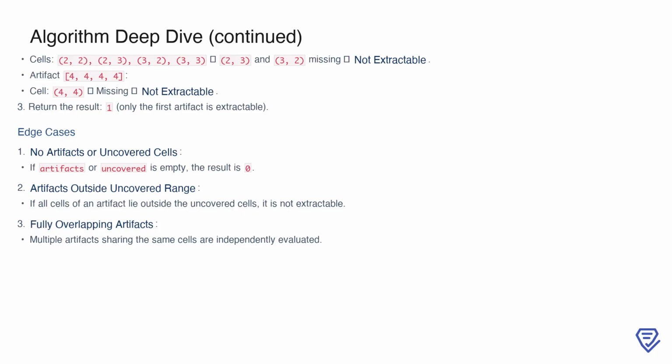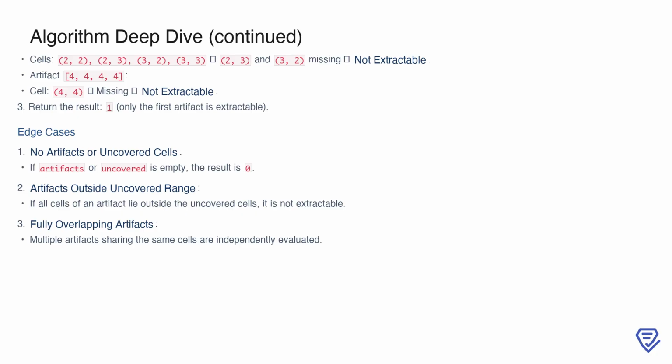However, the cells (2,3) and (3,2) are missing from the uncovered set, so this artifact is not extractable. The third artifact, (4, 4, 4, 4), occupies the single cell (4,4), which is also missing from the uncovered set, making it not extractable. Therefore, only the first artifact is extractable, and the algorithm returns a result of 1.